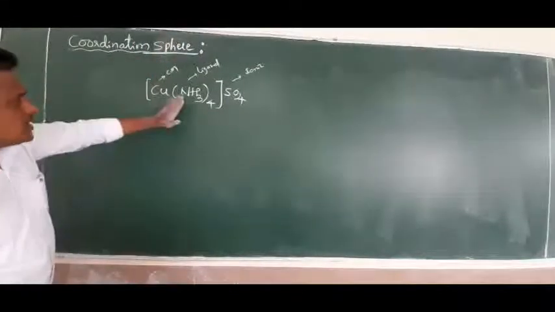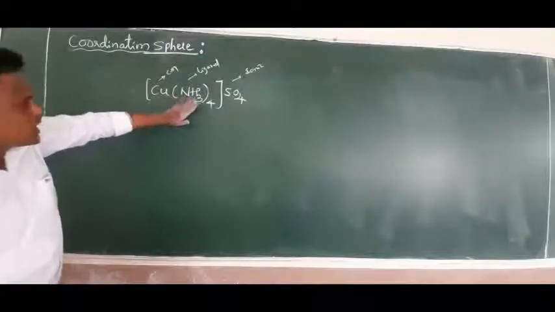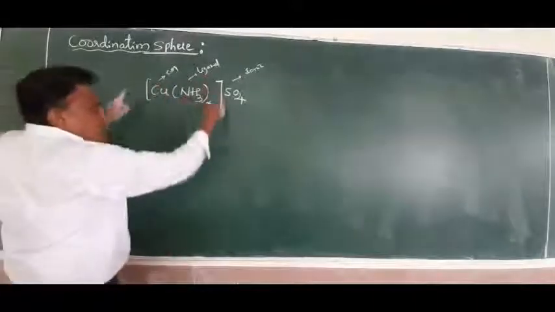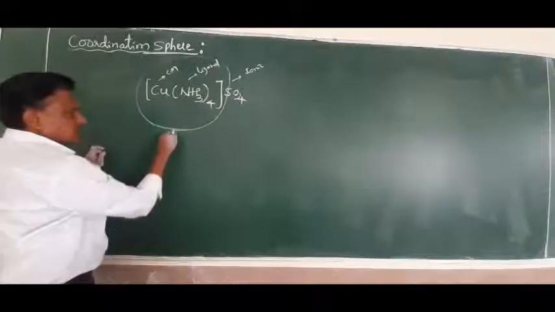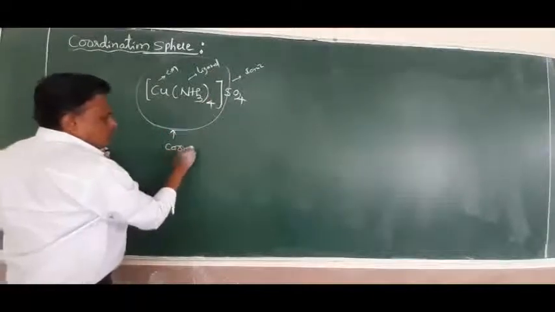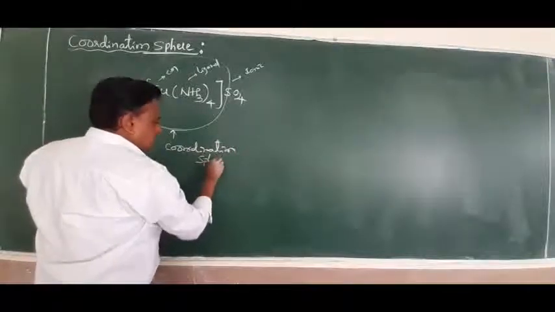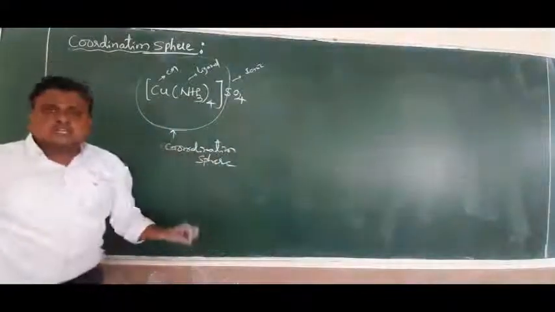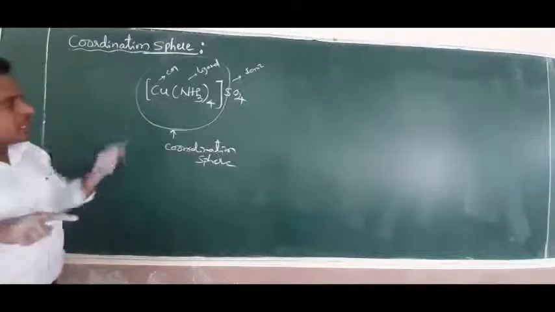Coordination sphere is the central metal surrounded by the ligands which donate electrons to the central metal. The total term inside the square bracket is called the coordination sphere. It involves electron donor ligands and an electron acceptor central metal, written in a square bracket.